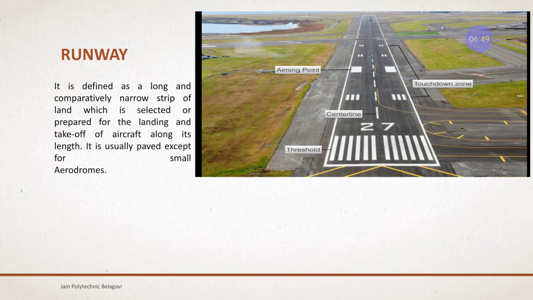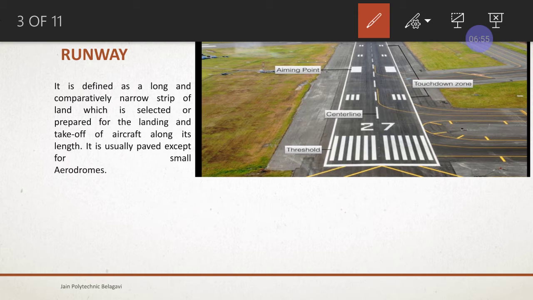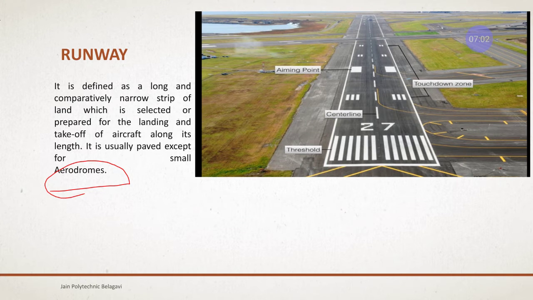In case of small, you might have seen the word here, aerodrome, right? What is the aerodrome now? You might say, what is aerodrome? Aerodrome is nothing but another name for an airport.